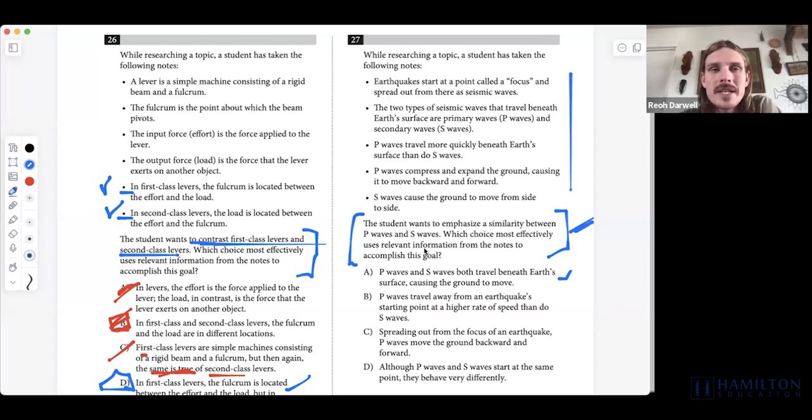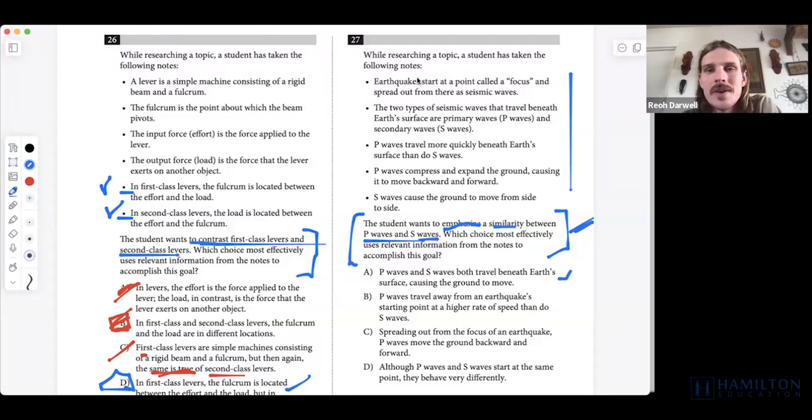Why? Well, because we're not being asked what we might assume we would be asked. We're not being asked to summarize these notes, to give the most perfect encapsulation of these notes, right? We're being asked something very specific, usually involving just one or two of the notes. So in this case, we want to just emphasize a similarity between these types of waves.